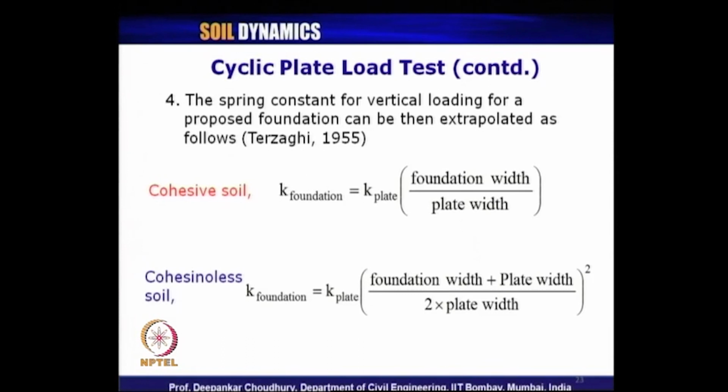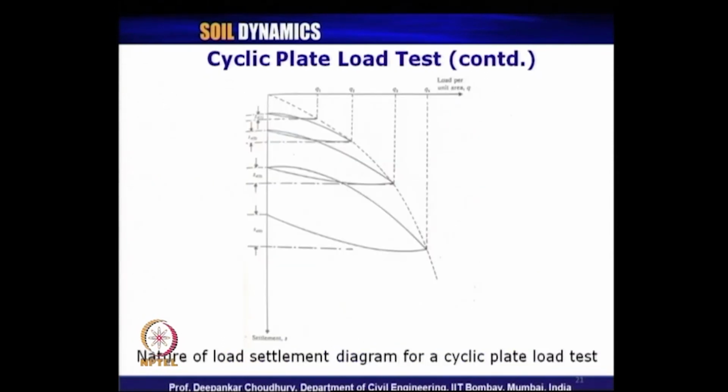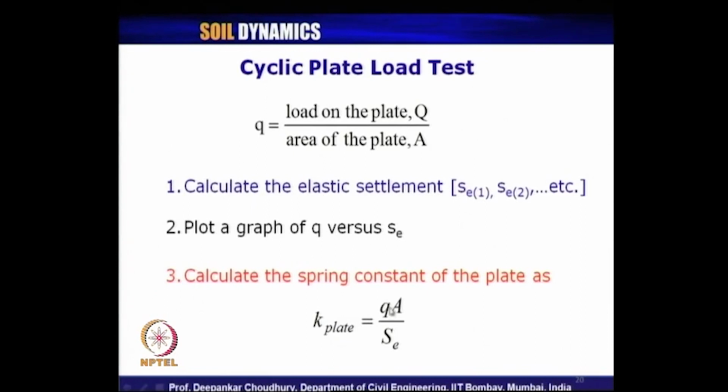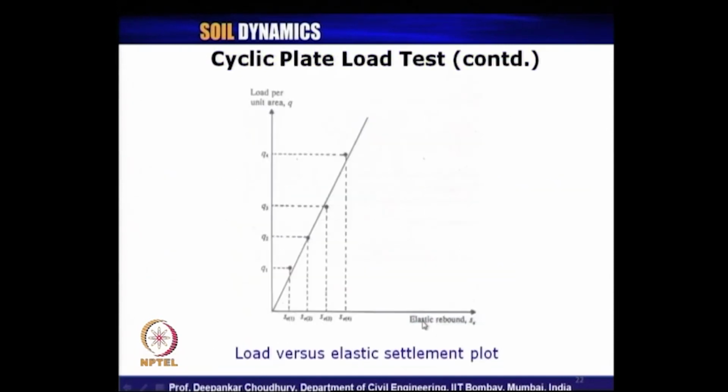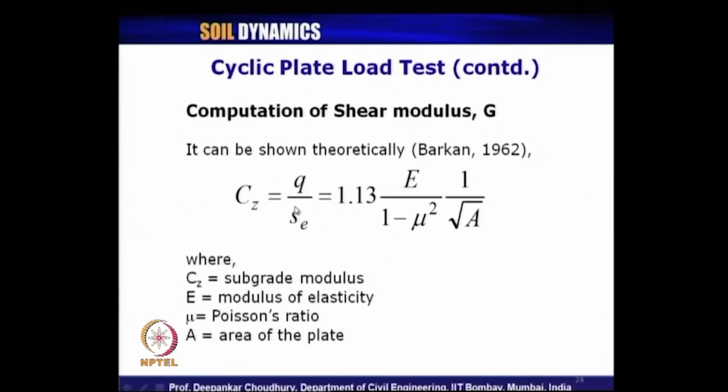And what is the unit for K of plate? That should be kilonewton per meter. So, kilonewton per meter cube times meter square, the plate area, gives kilonewton per meter. And for the foundation, K of foundation also remains the same, kilonewton per meter in SI unit.